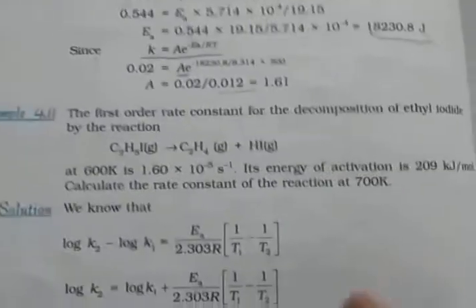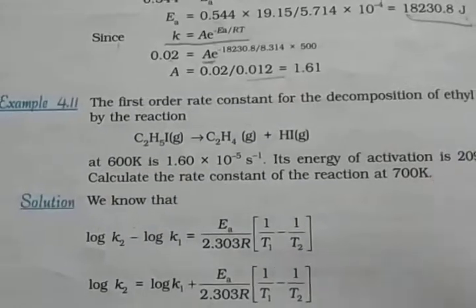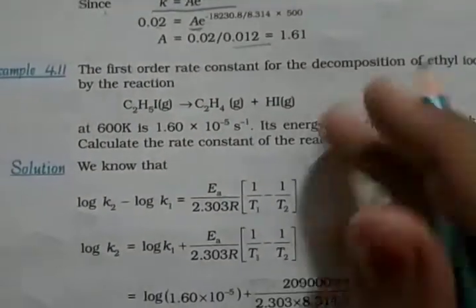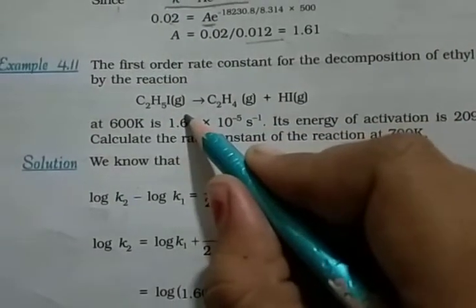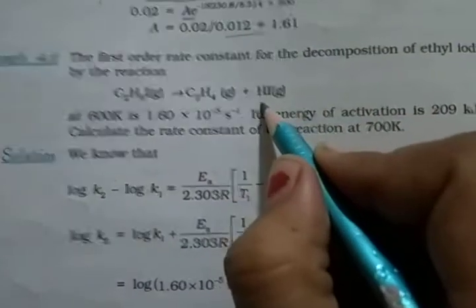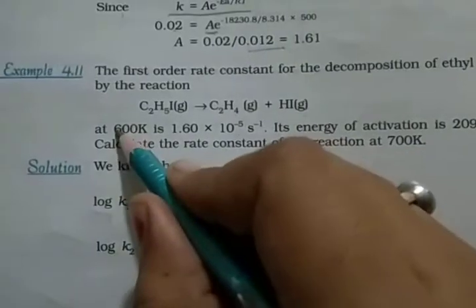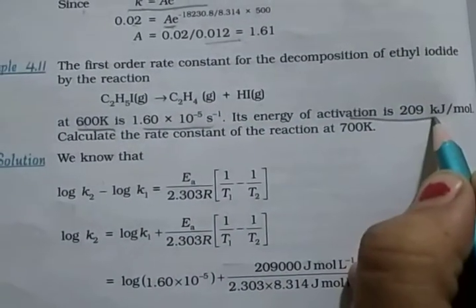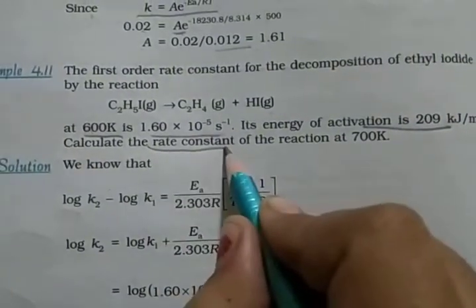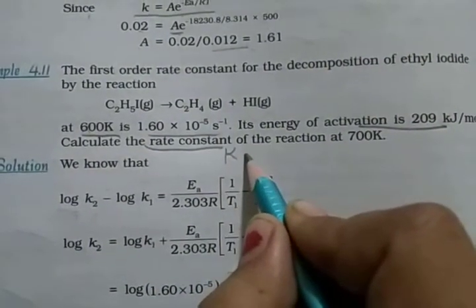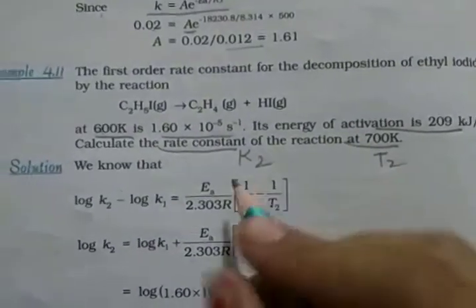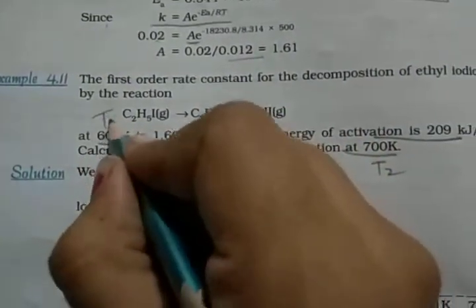Then question number 4.11: the first order rate constant for the decomposition of ethyl iodide by the reaction C2H5I converting into C2H4 plus HI. Temperature given, rate constant value given, activation energy Ea given, and then calculate the rate constant k2. We have to find at temperature T2. So T1 given, k1 given.